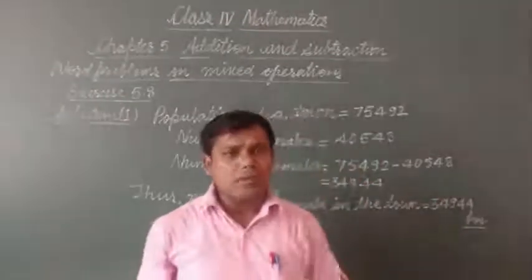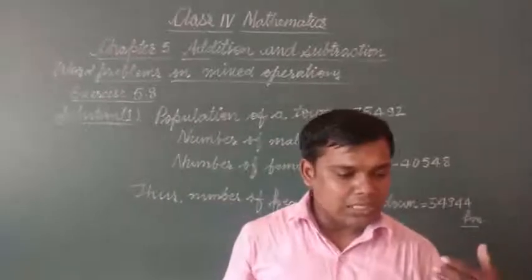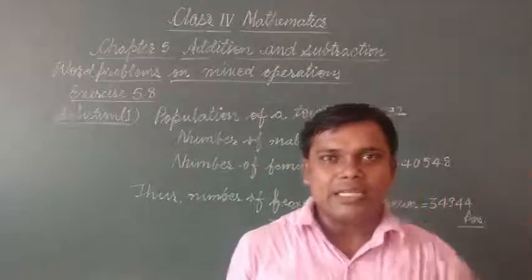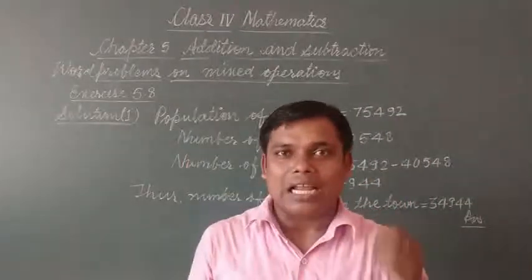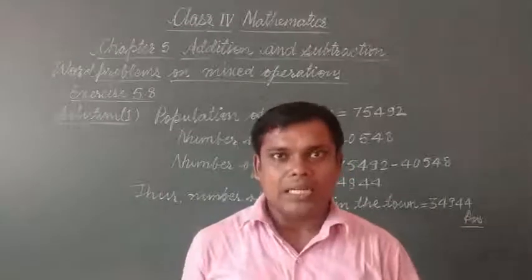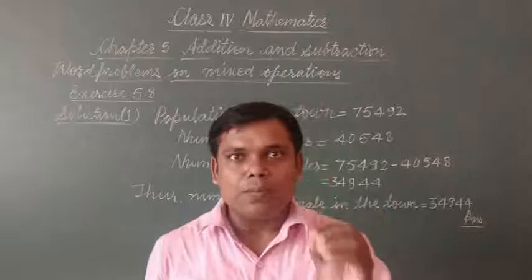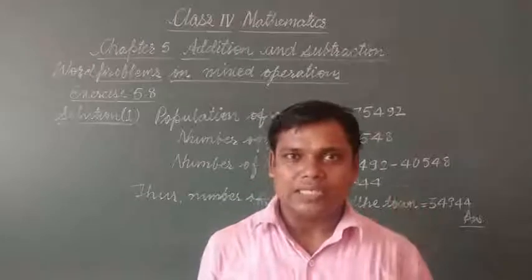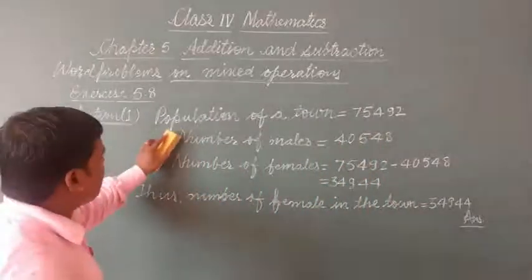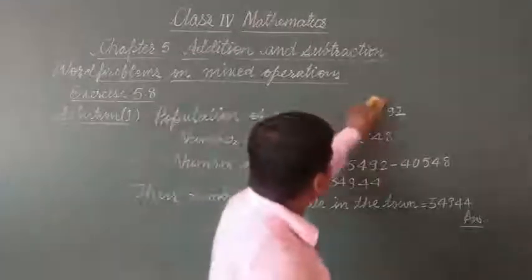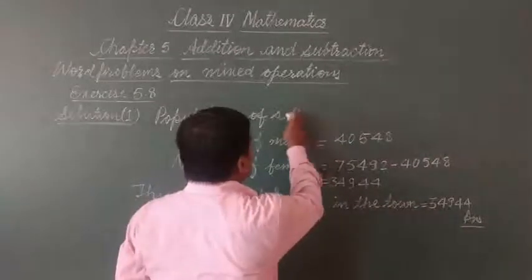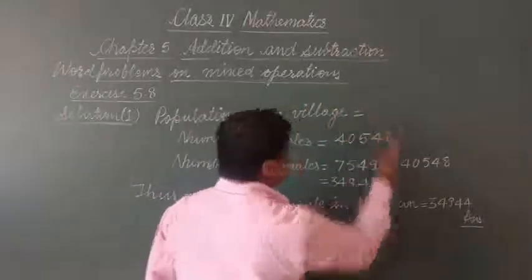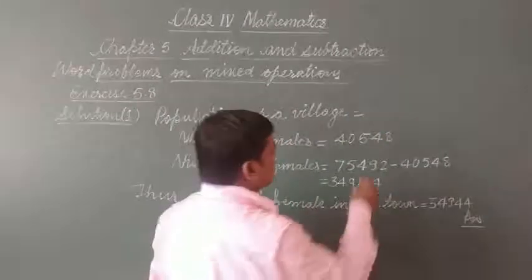So students, we have total population of village given, we have number of men given, number of women given. We can easily calculate number of children by subtracting the sum of men and women from total population of the village. So we write here population of a village is equal to 8,000.